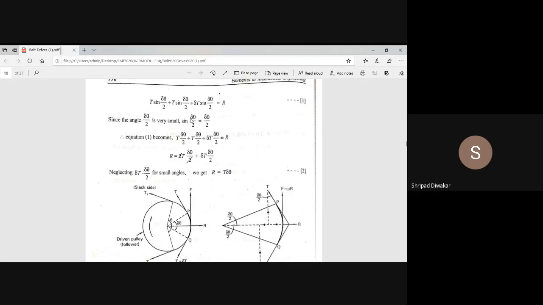Next equation is T into delta theta by 2 plus T into, once again, delta theta by 2 plus delta T into delta theta by 2 equals R. Just remove the sine here, and rewrite the equation.